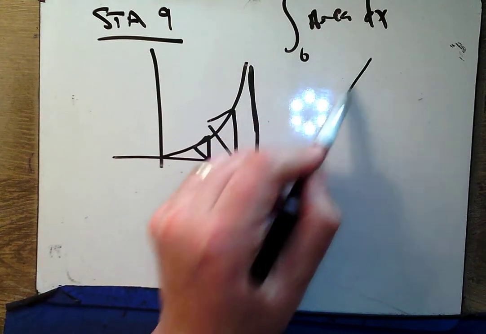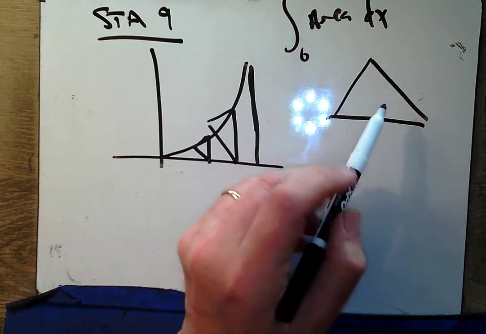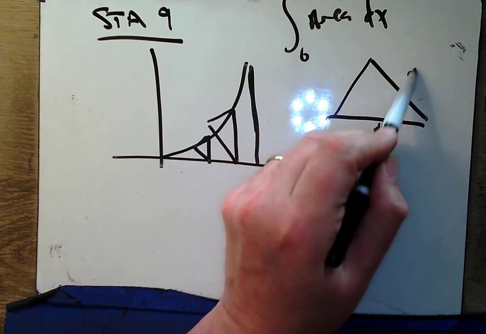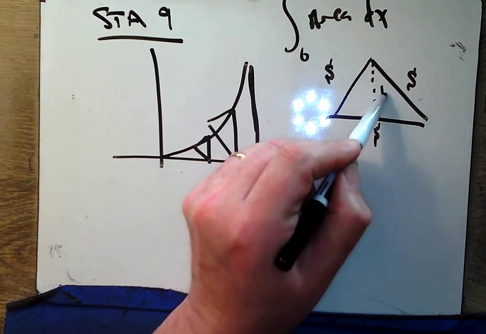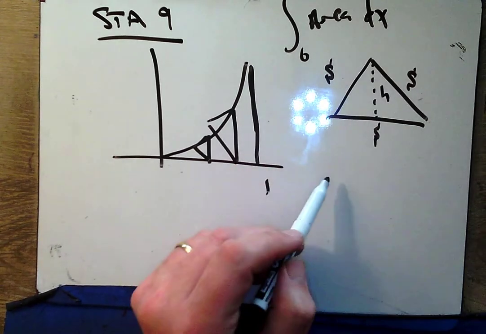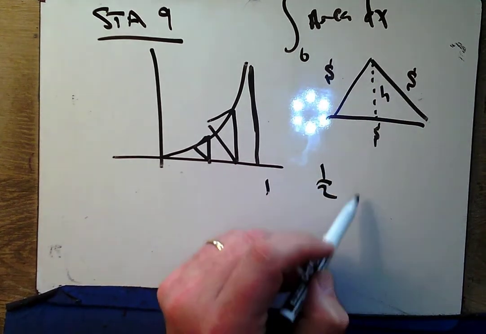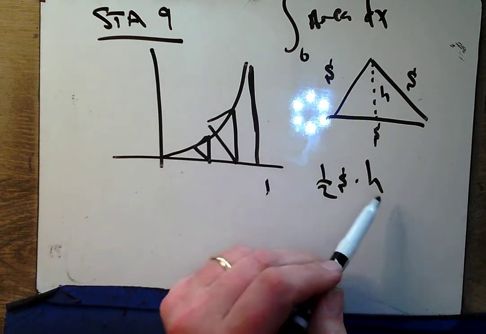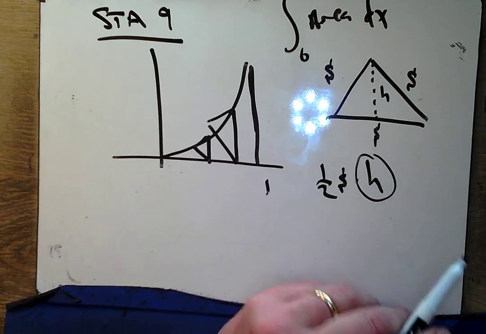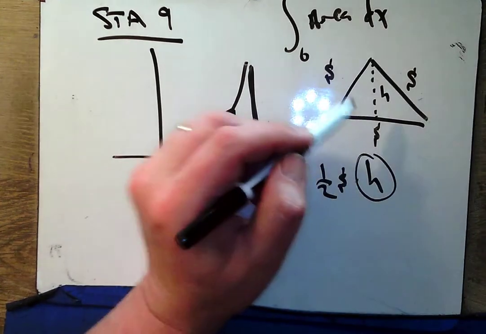Okay, so if we haven't and we still need this, here are our sides. Here's our altitude, our height. We know the area of this triangle is 1/2 base times height, but we really want to get rid of this and replace this with some s stuff.